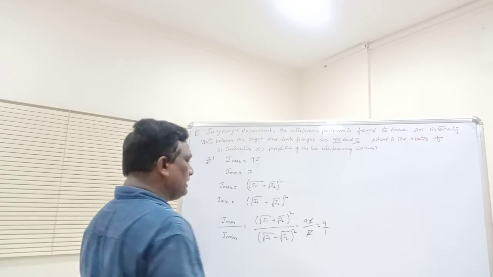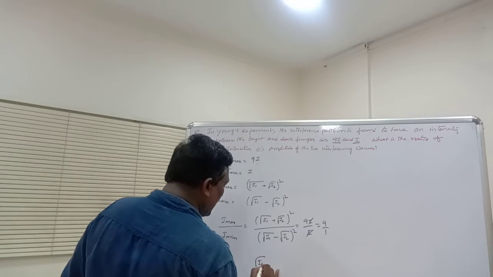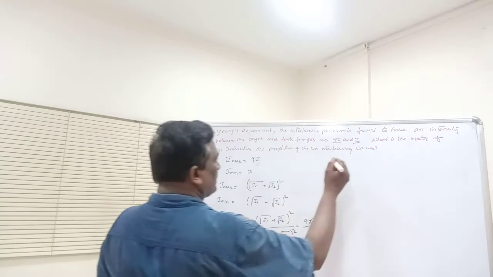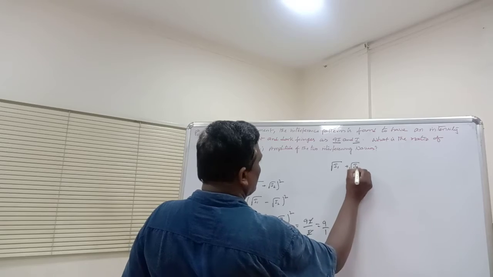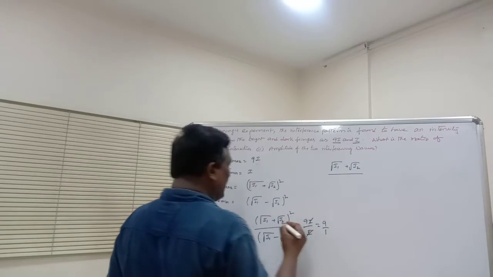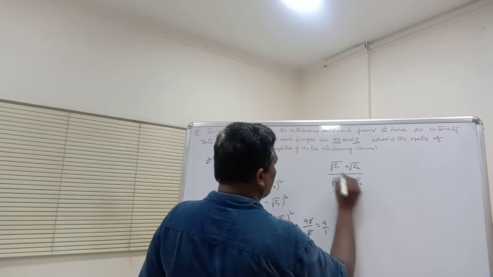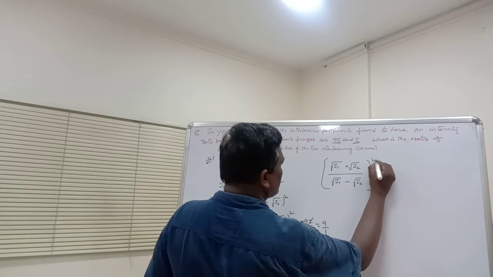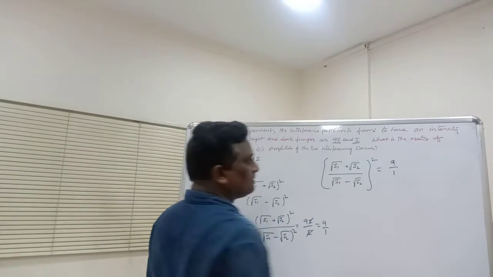Therefore root over I1 plus root over I2 divided by root over I1 minus root over I2, whole square, like this also you can write, that is equal to 9 divided by 1.